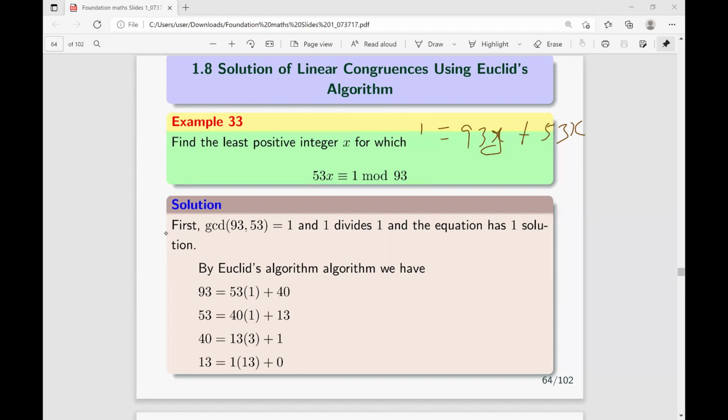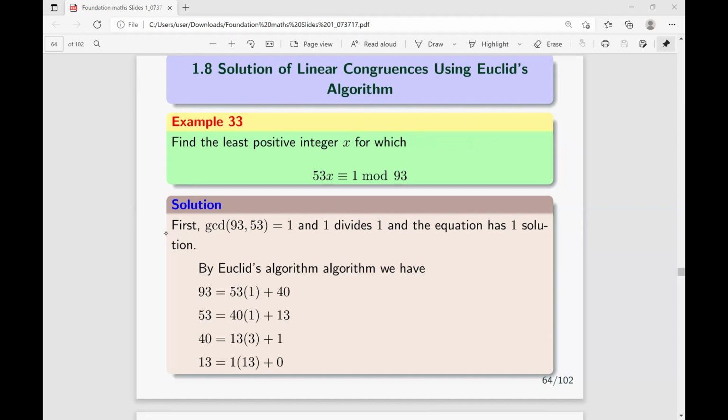When you write it in this form, you'll have found the x that they want. And to write in this form, use the extended Euclid's algorithm that we did.